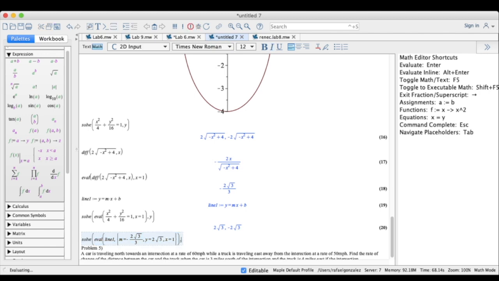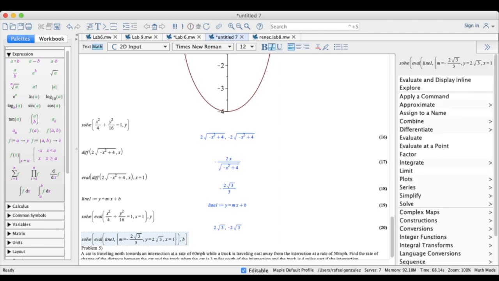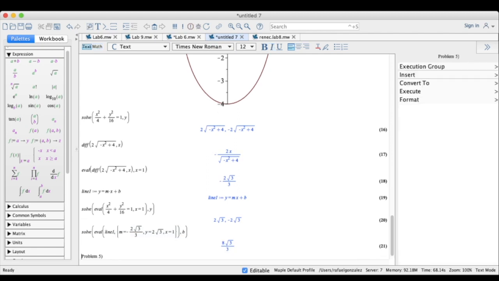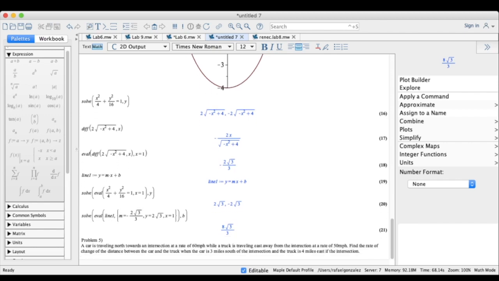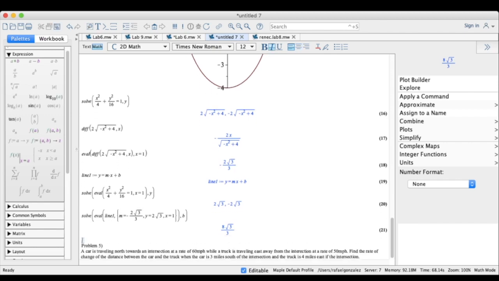So for the solve part, we're solving for b, because that will be the remaining value, because we have y equals mx plus b here. Okay. So we get that b is going to be equal to 8 times the cube root of 3 over 3.